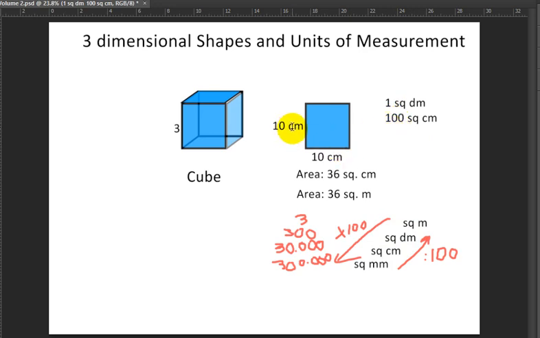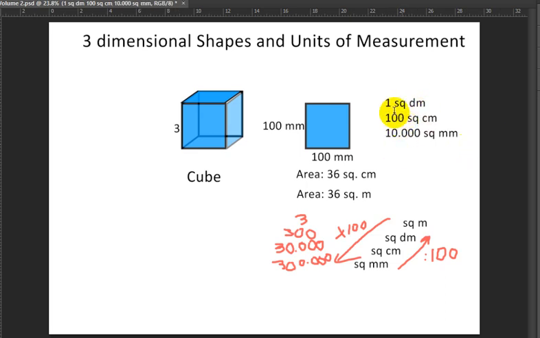So you see that although I only went from decimeters to centimeters, the number was multiplied by 100. And if I asked you to turn this into square millimeters, this would become 100 millimeters. And this would also become 100 millimeters. 100 times 100 makes 10,000 square millimeters.